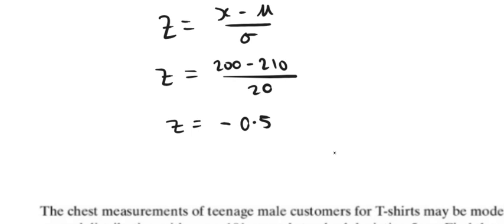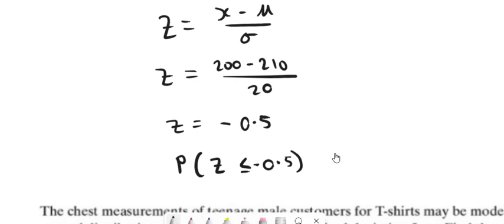Then we're finding out that the probability that z is less than or equal to minus 0.5. If we were to look at it on the actual diagram, the normal distribution diagram, the mean is in the middle, and then the further away from the mean it is, so in this case it's minus 0.5.